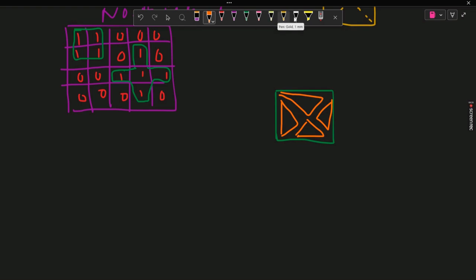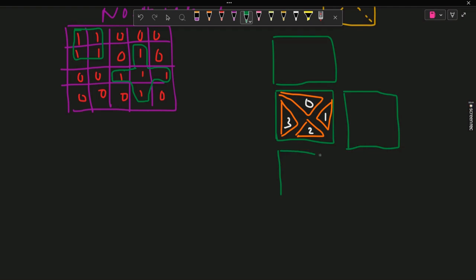Let's number these triangular regions 0, 1, 2, 3, right? I am also having four cells adjacent to this particular cell, and these cells also have these triangular regions. Let's quickly draw these.